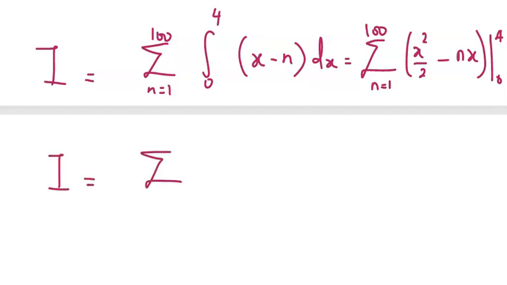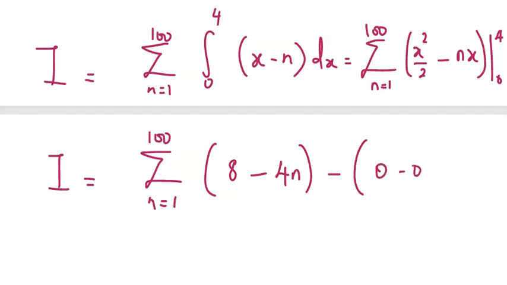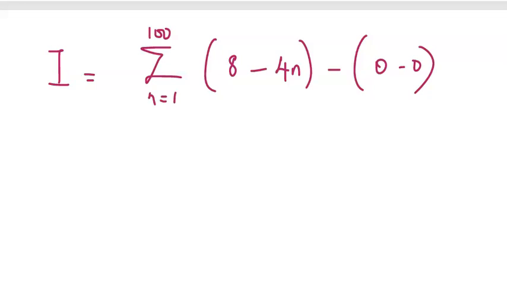So we have the sum as n goes from 1 to 100. If you put the upper limit, we get 4 squared divided by 2. That will give us 8. Then minus, if you put the upper limit for nx, we get 4n, right? If you put the lower limit, we're going to have 0 minus 0. That's why I said there's no need for the lower limits, because it will turn everything to 0.